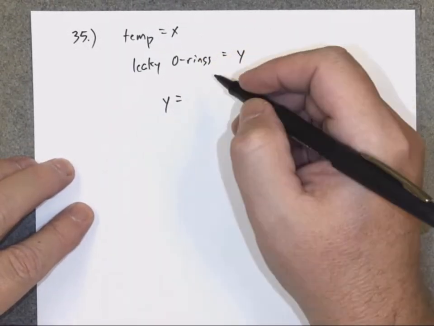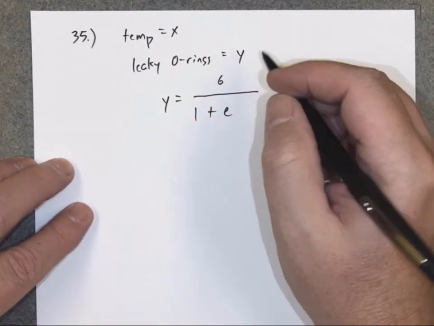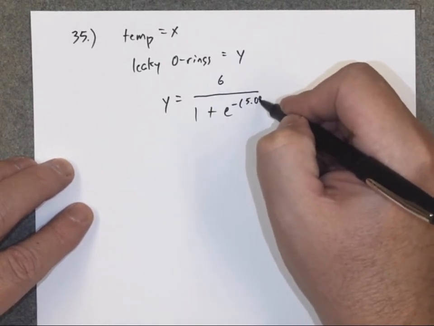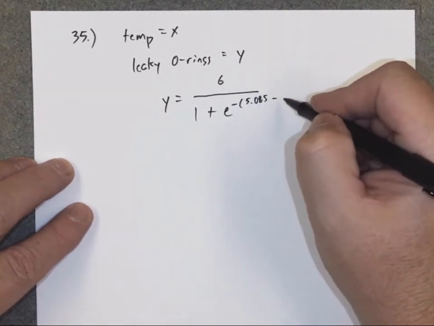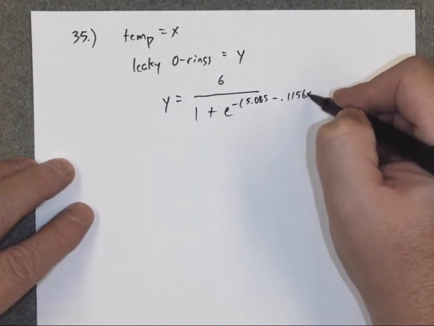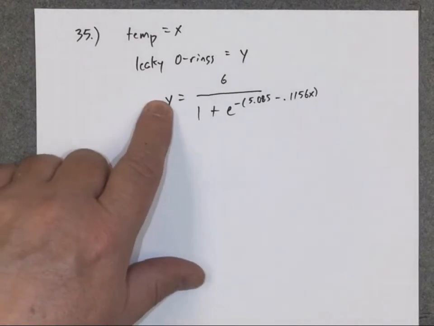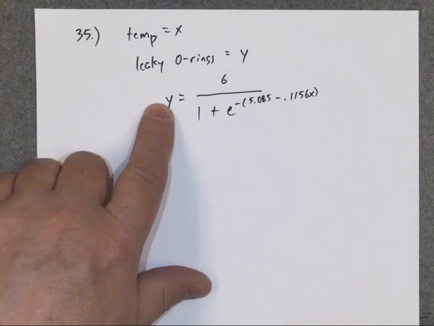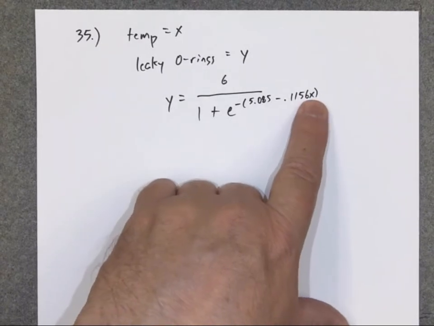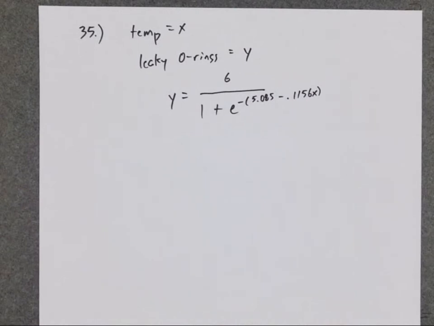They say Y equals, and this is really sort of an ugly equation, 6 over 1 plus e to the negative, and then parentheses, 5.085 minus 0.1156x. Wow. But the key is there are two variables in here. There's Y, which is the number of leaky O-rings, and X is the temperature. So in other words, you choose a temperature, you plug it in here, do the calculation, and that will predict how many leaky O-rings you have.